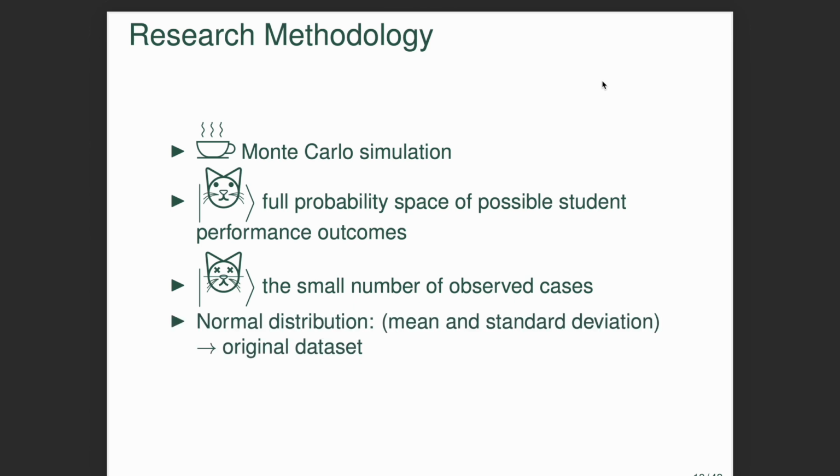In doing so, we assume that grades follow a normal distribution using the mean and standard deviation calculated from our actual data set. To ensure realism, simulated grades were clipped to stay within the official grading scale ranging from 0 to 5.